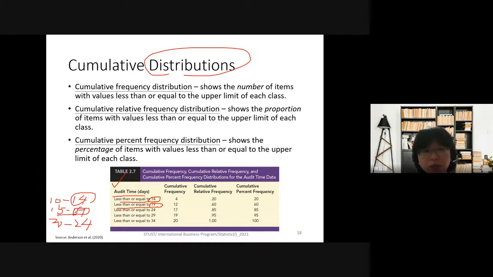When you express them, you need to cumulate them. You need to add them to get the result.